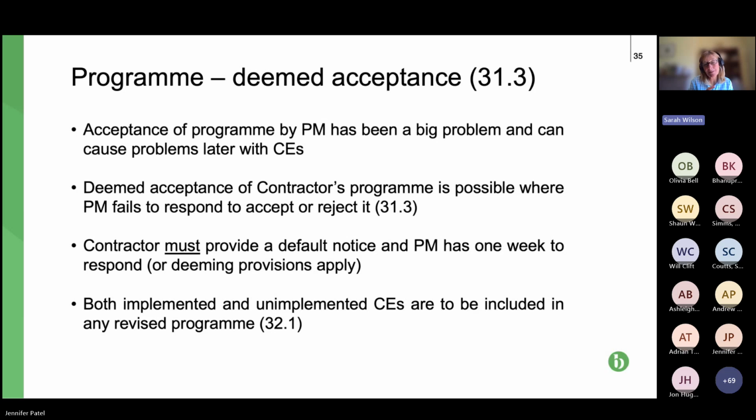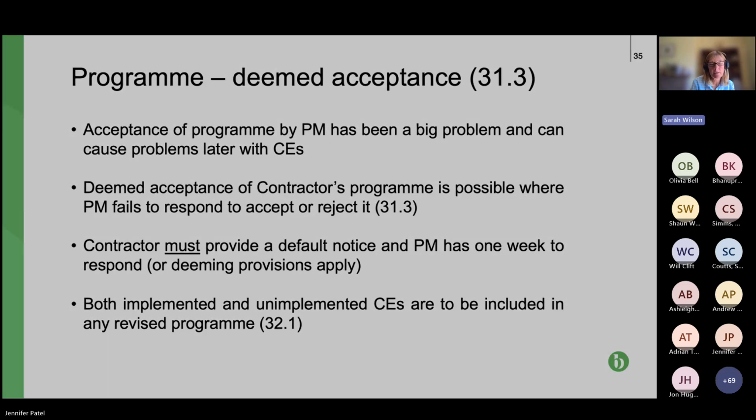If the project manager still doesn't respond within that 1 week, then they are deemed to have accepted it. Now, it doesn't apply if the programme is sewn into the contract, which is my recommendation. And as I say, it only applies to that first programme. So that's everything. If we move on to the next slide.